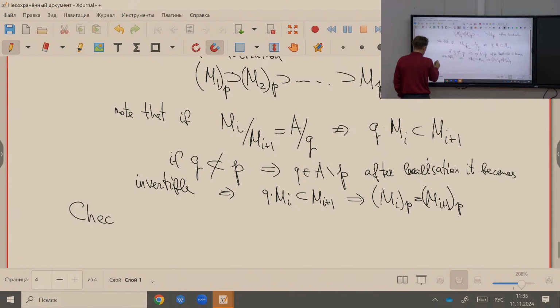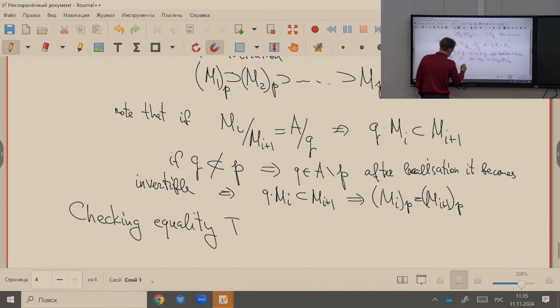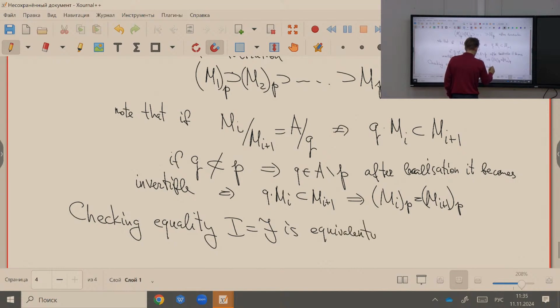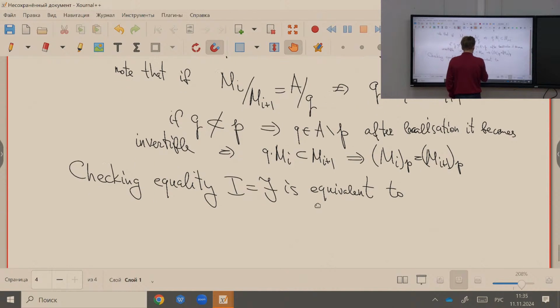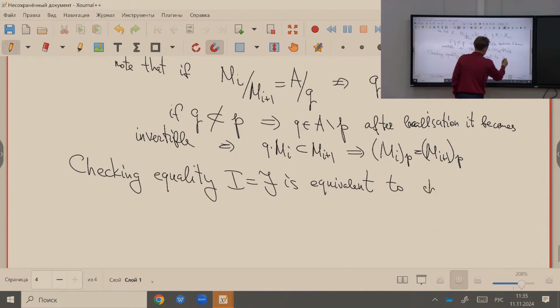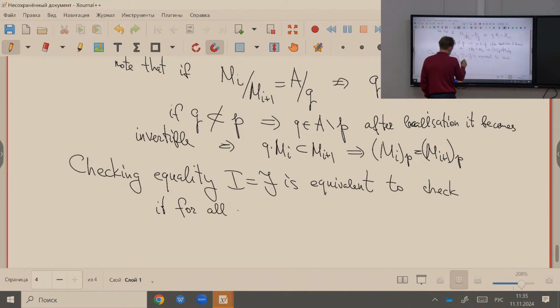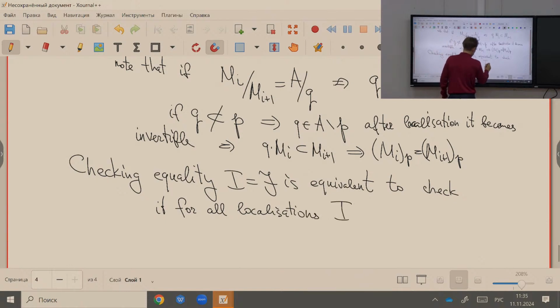Checking equality of the ideal I is equal to the ideal generated by a is equivalent to checking it after localization, for all localizations, for any P_i.